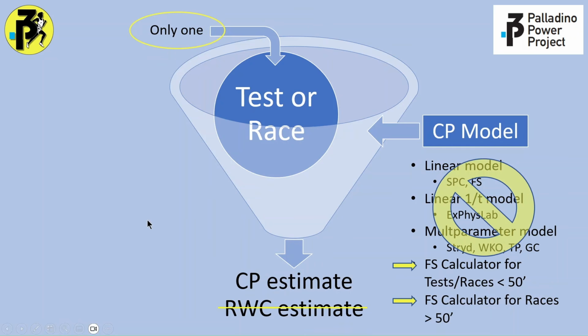So I just wanted to make note of that when we're talking about this process of data point input into a model with outputs of CP and reserve work capacity. Some of them, like these two calculators, will operate on only one data point, but there are some mild limitations in terms of error bands on that CP estimate and not getting a reserve work capacity estimate.